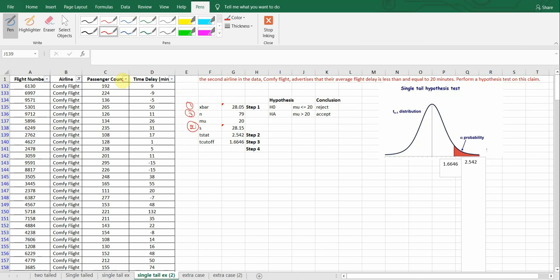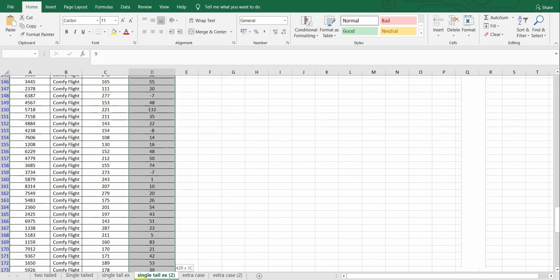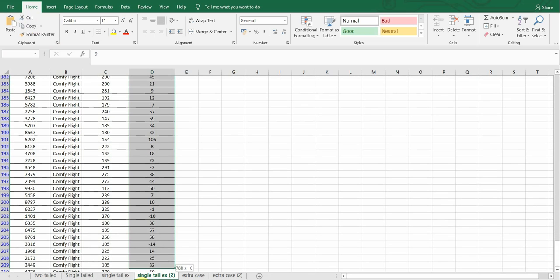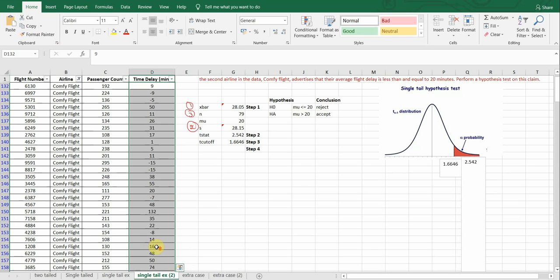So first of all, let's see how many records we have. If we just select and see, we have 79 records. So that is how we get the value of N, which is 79.